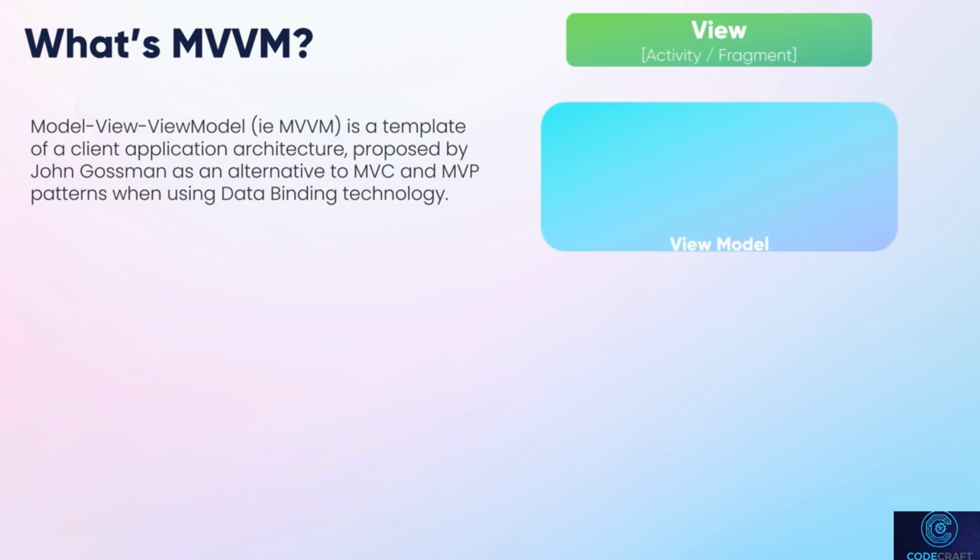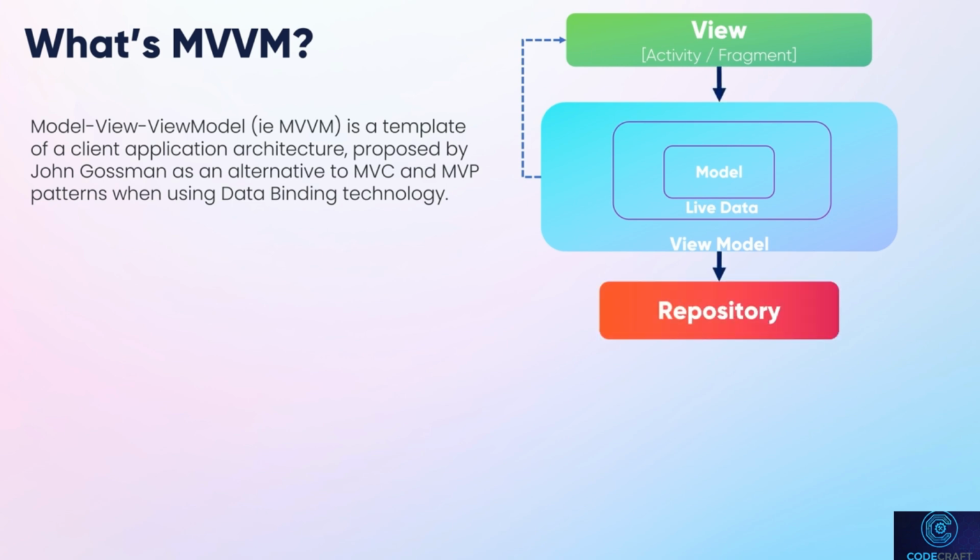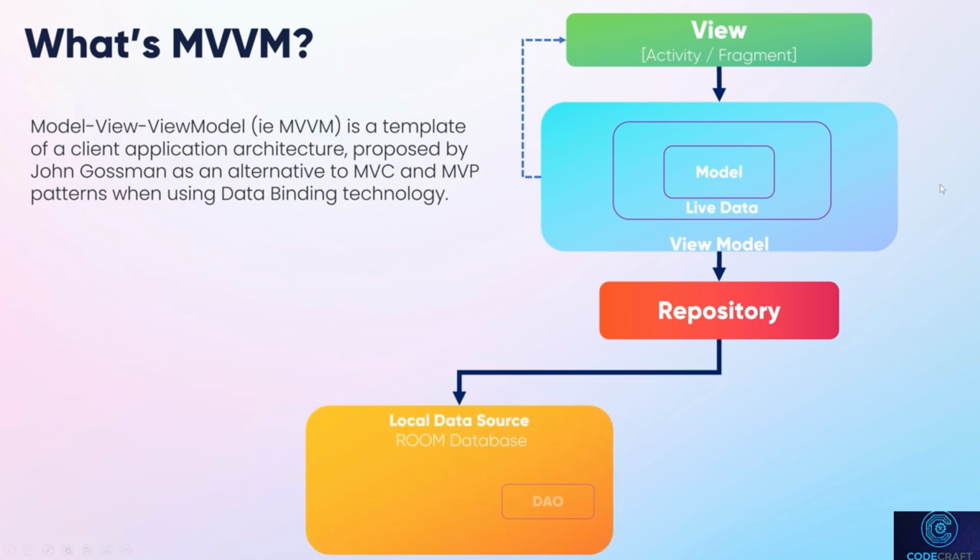Model-View-ViewModel, MVVM, is a template of a client application architecture proposed by John Gossman as an alternative to MVC and MVP patterns when using data binding technology. MVVM is an architecture pattern commonly used in software development, particularly in building user interfaces.